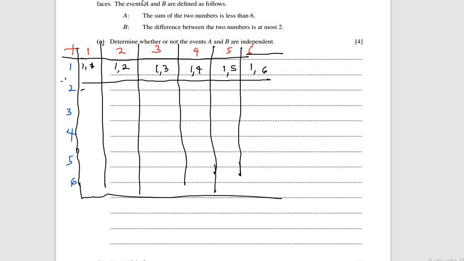Now this one can be 2,1; 2,2; 2,3; 2,4; 2,5; 2,6.